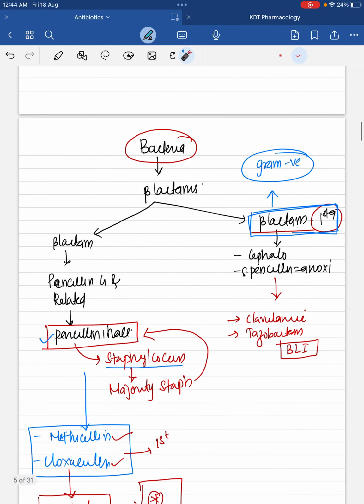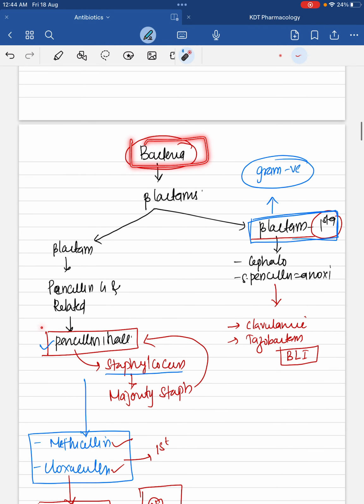Bacteria will be producing penicillinase, that is a very short acting or very narrow spectrum beta lactamase.